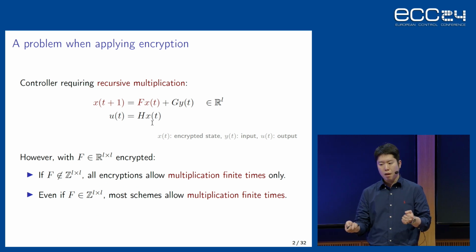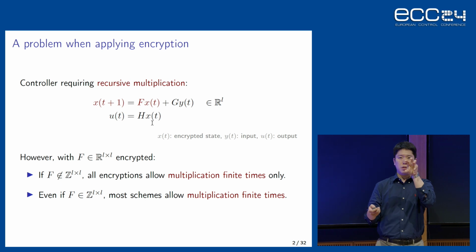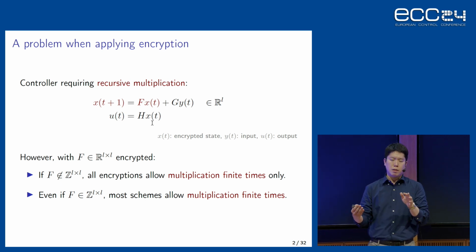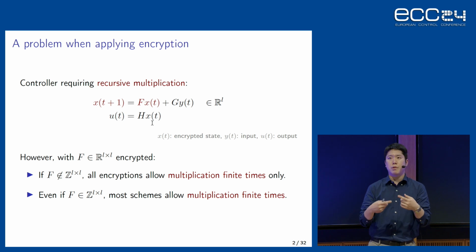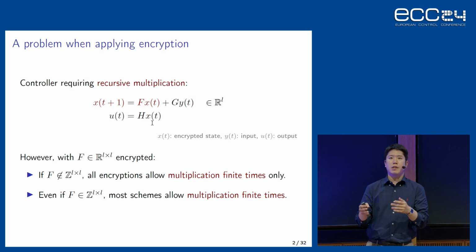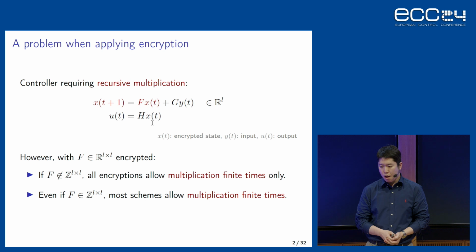It means that you can multiply a non-integer state matrix to the state, but the multiplication can be done only a finite number of times. After a while, it cannot continue the multiplication operation, so refreshment techniques or bootstrapping techniques must be used.